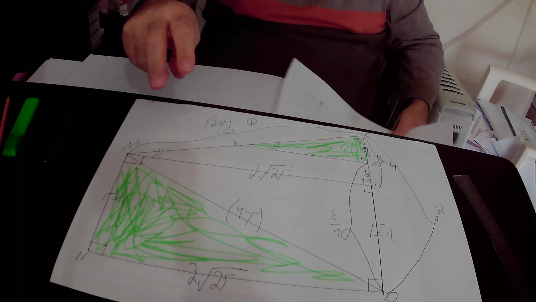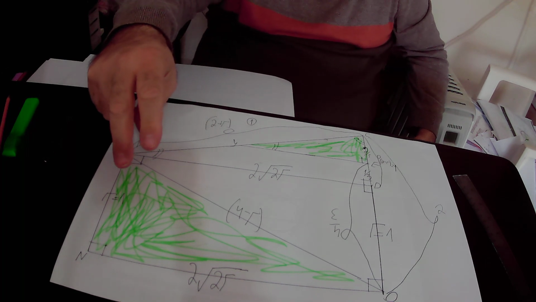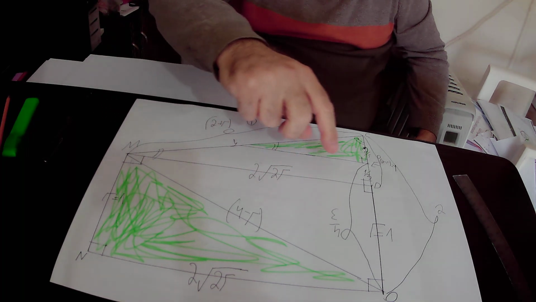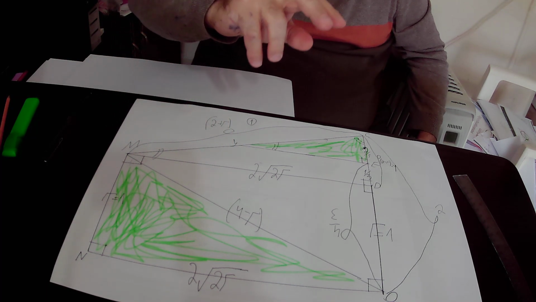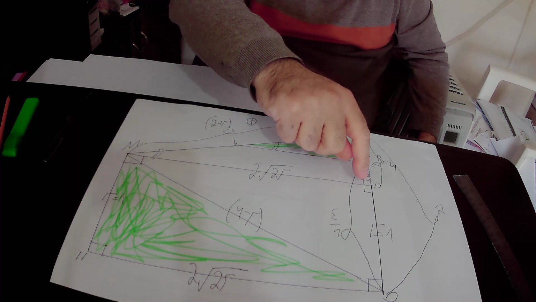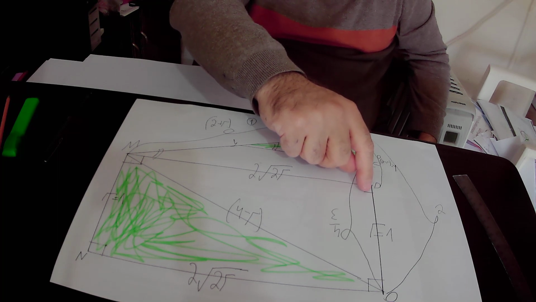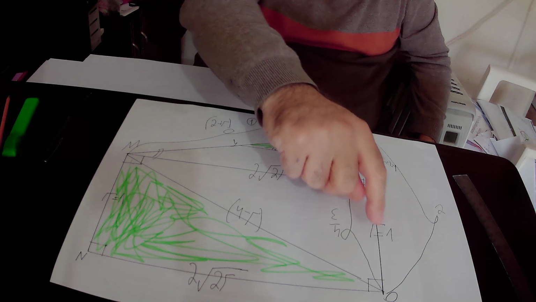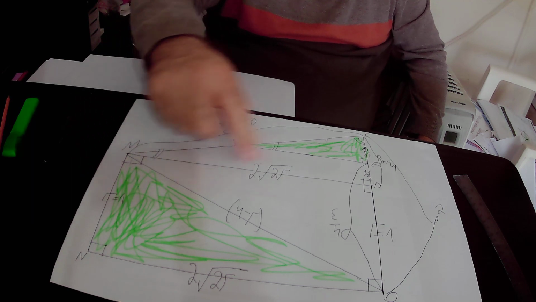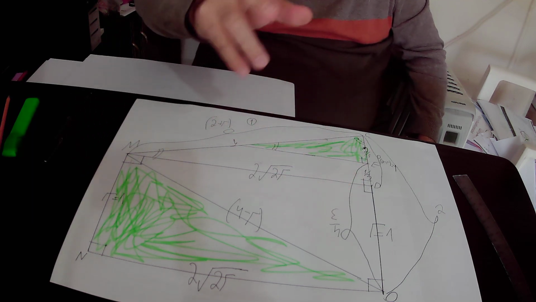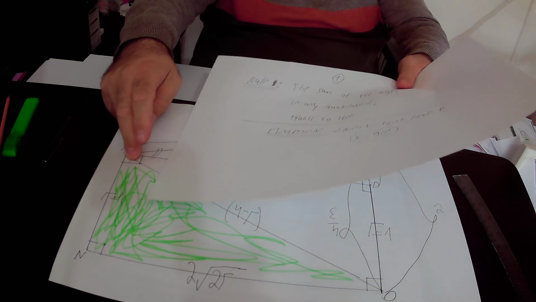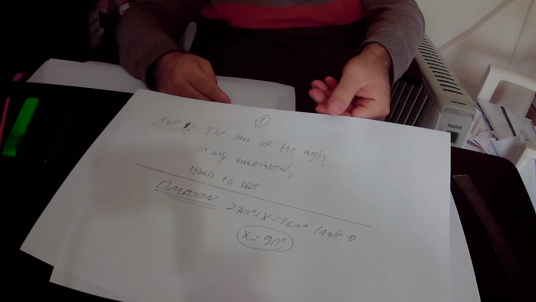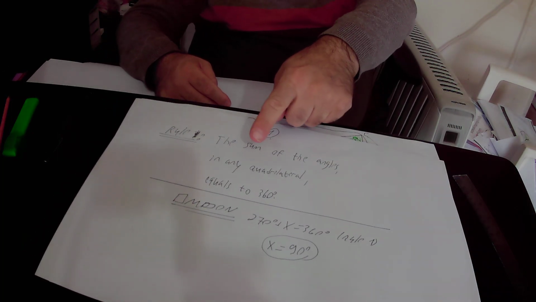So if we focus on the quadrilateral MNOD, the sum of its angles equals 360 degrees. This is to say, the sum of those three right angles is 270 degrees, plus the size of this angle that is defined as x must be equal to 360 degrees according to rule number 1.